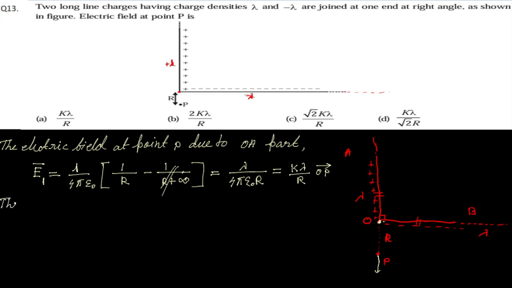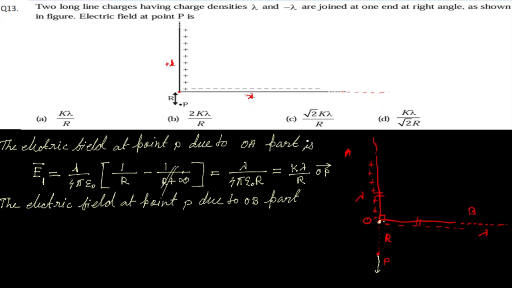So the electric field at point P due to the OB portion, let's say, is E2. If I write E2, then what will be the value of E2?